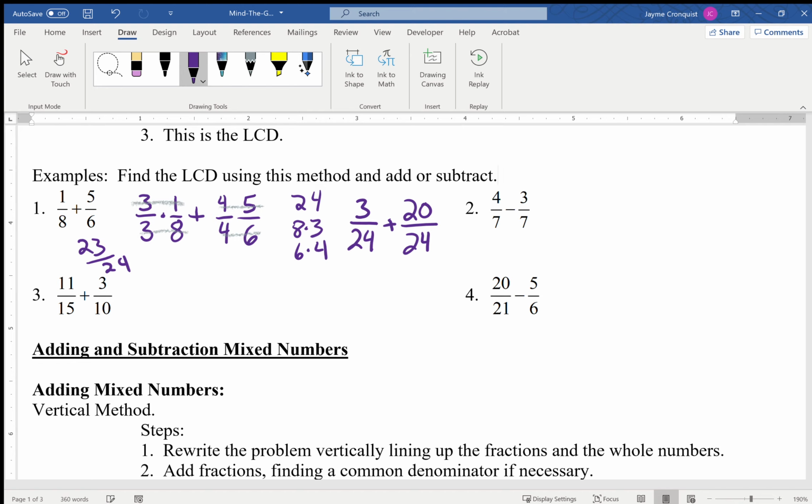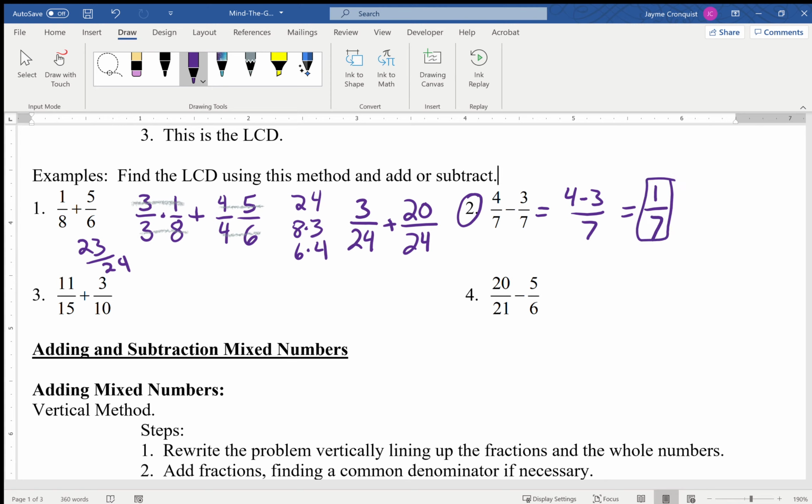That's your multiply method. Well, here we already have number 2. We already have a common denominator. So that's easy. I can go straight to this. 4 minus 3 is 1. So my final answer is 1/7.